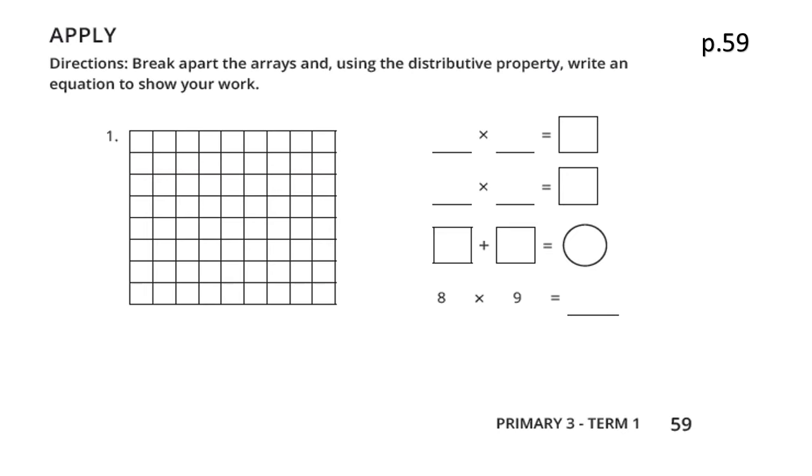This array has 8 rows and 9 columns, so this is a large number. We can break this number into smaller numbers. We can break this array into two arrays, the left array and the right array.